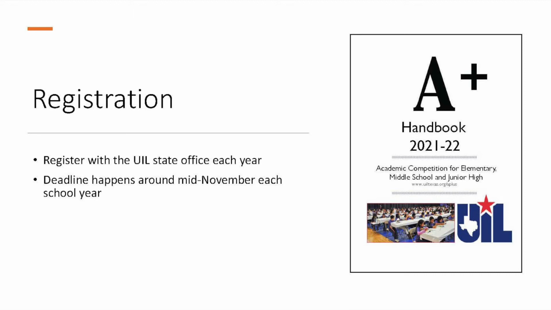In the handbook, you will find the contest rules for all events, sample test material from the previous school year, as well as answers to frequently asked questions and contest documents, such as meet entry forms. If you are from a brand new campus, email us at aplus@uiltexas.org so that we can add your school to our directory, and then you will be able to complete registration.